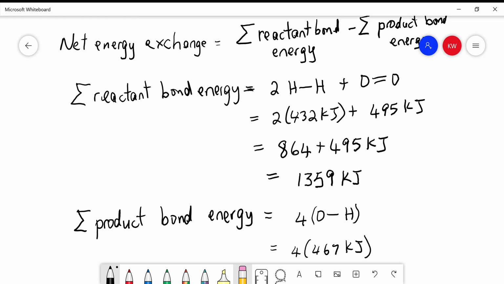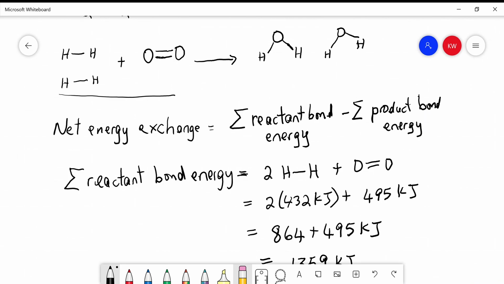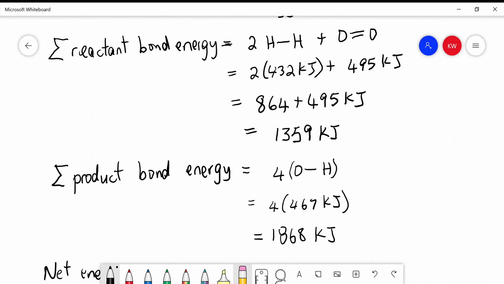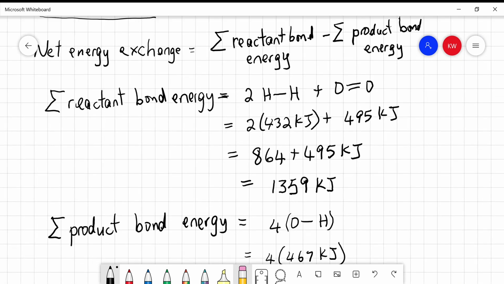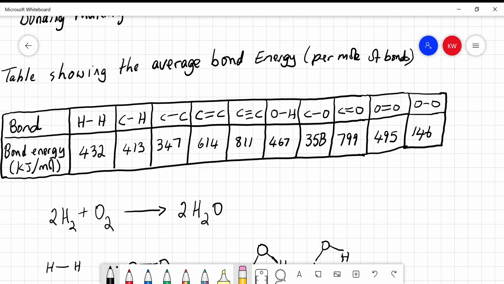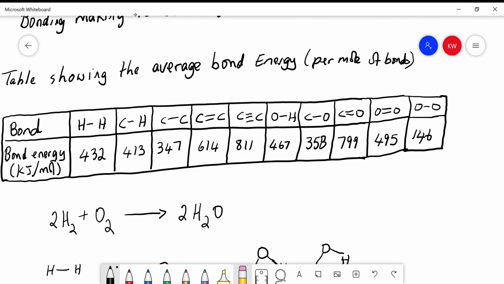Now we're going to look at the summation of the product bond energy. Looking at the product side, what do we have? We have hydrogen to oxygen, hydrogen to oxygen, hydrogen to oxygen, hydrogen to oxygen. So we have four of the same kind of bond. We're going to write 4 oxygen to hydrogen bonds. We look back at our table to see what value is associated with oxygen to hydrogen.